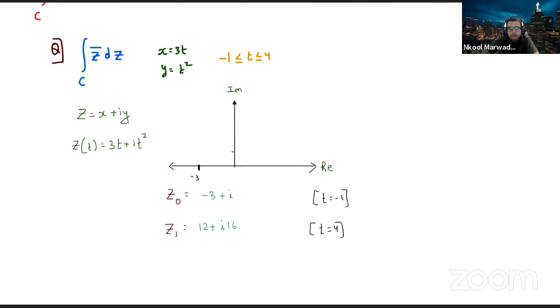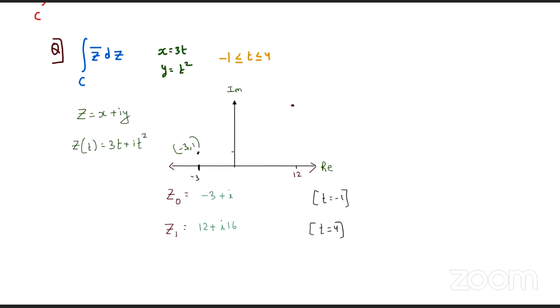So the first point we got, I can write it as -3, 1. Similarly, the other point is 12, 16. 12 I will get somewhere here, and 16 somewhere above. So this is the second point I got.